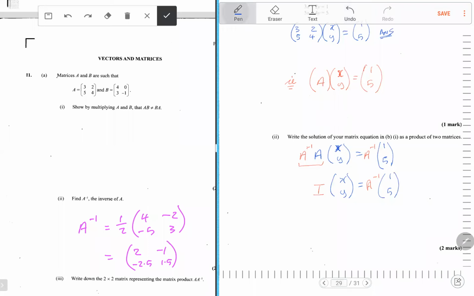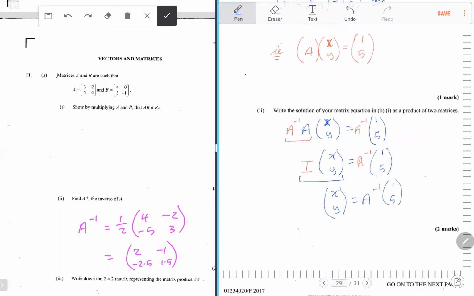And then the I matrix times that just gives you the XY, because the I matrix is just like the number 1. It behaves just like the number 1. It's going to give you the same matrix. So this side then becomes just XY equals A to the minus 1 times the 1, 5. And that's what they want, the solution.